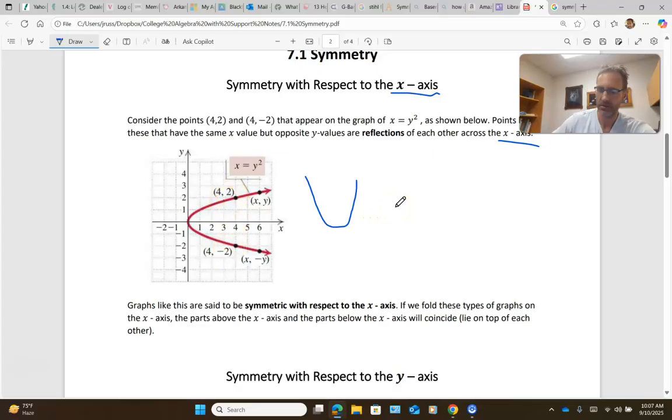So this x would be your input, and then it would be mapped to 2 different outputs. Okay, so no function is going to exhibit x-axis symmetry, but there's a lot of relations, just relations between x and y, a lot of equations, in other words, that if you graph them, exhibit x-axis symmetry.